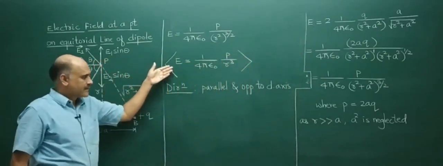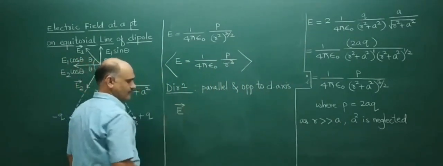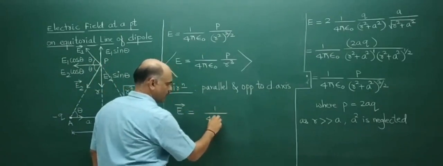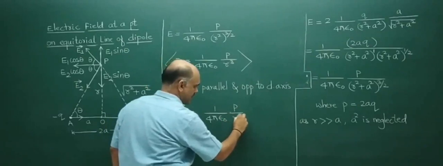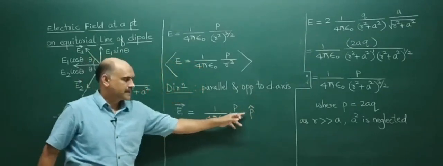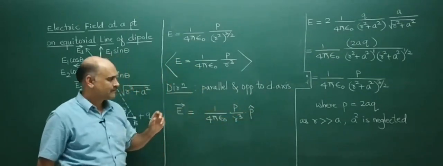For 1 mark, if they ask for vector form, again E vector is equal to 1 by 4 pi epsilon naught p divided by r cube into p cap, where p cap is the unit vector along the dipole axis.